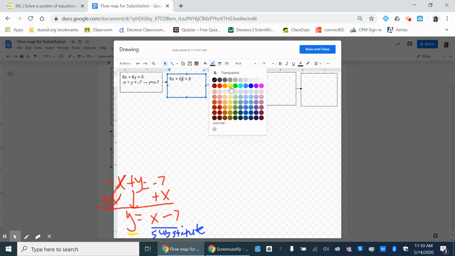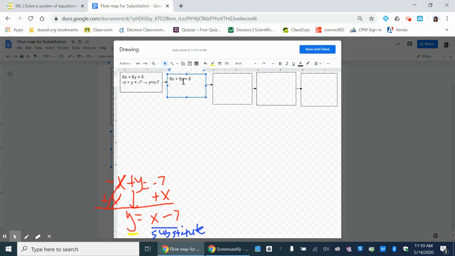Just to help you notice that, I'm going to use a highlighter. I should use yellow. This substitute, x minus 7, is going to go into the equation and replace the y.